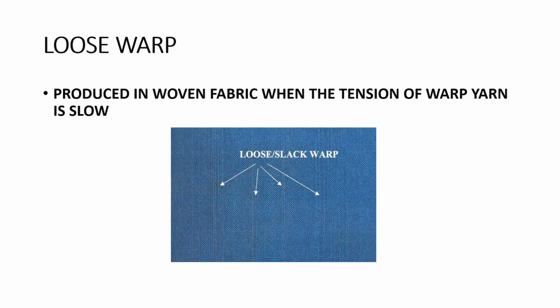You can visually detect such a defect, and it again has an impact on the use or the sellability, because when you use such material in a garment, visual effects of this loose warp should be there. So that is why it is not acceptable.